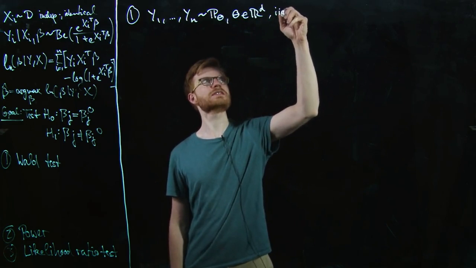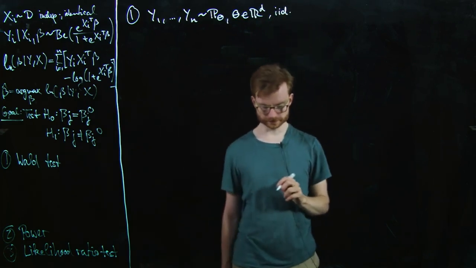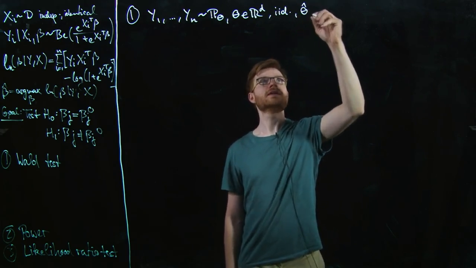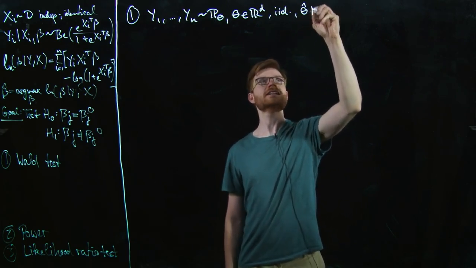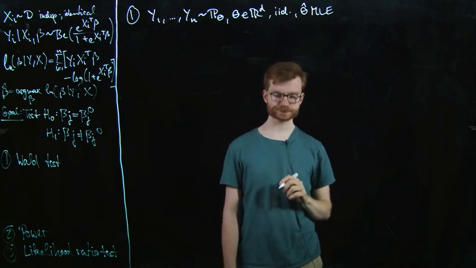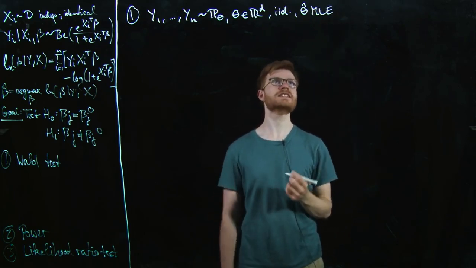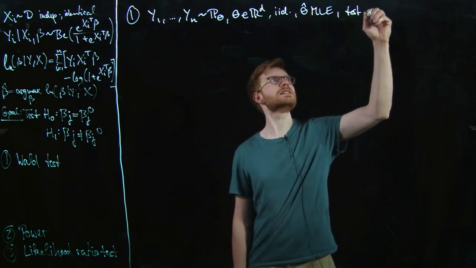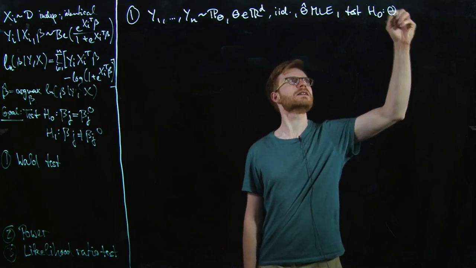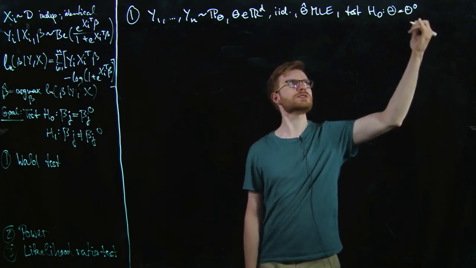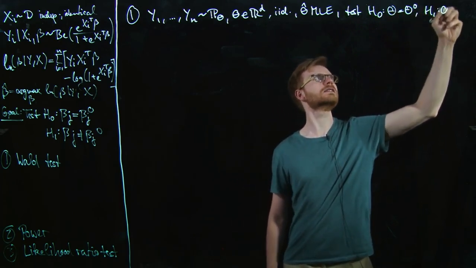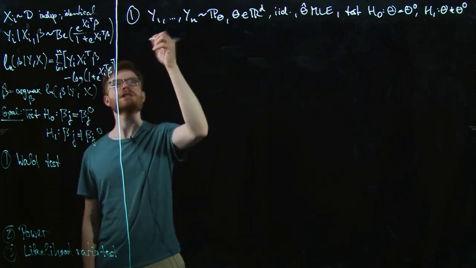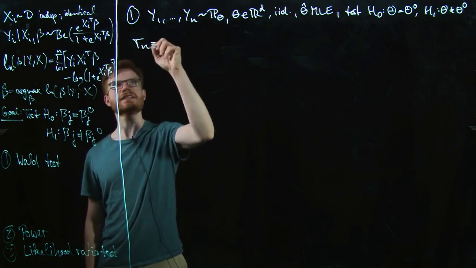And you have IID samples. And then under some regularity assumptions, the maximum likelihood estimator, theta hat for theta, behaves nicely. And in what sense does it behave nicely? If we want to test whether theta is actually equal to some theta naught or not, then we can do this via a test statistic that looks like this.